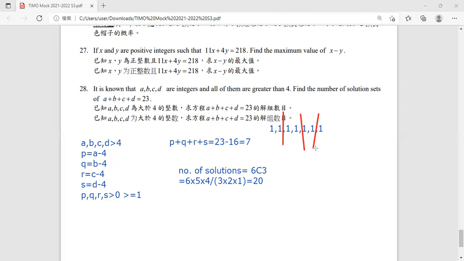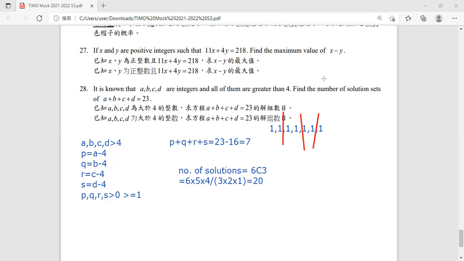So you find the number of ways to put 3 sticks into 6 spaces. Then the number of solutions will be 6C3, because it's choosing 3 from 6 spaces. Just combination. Okay, any questions?